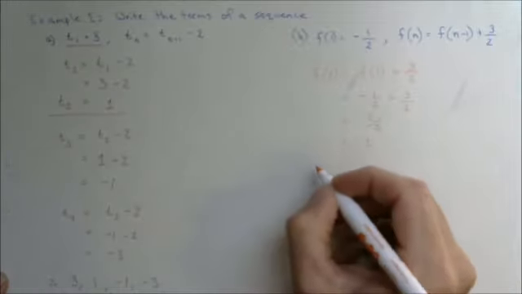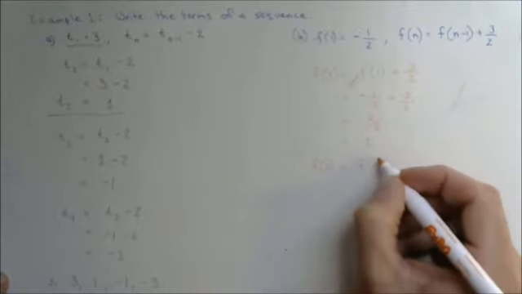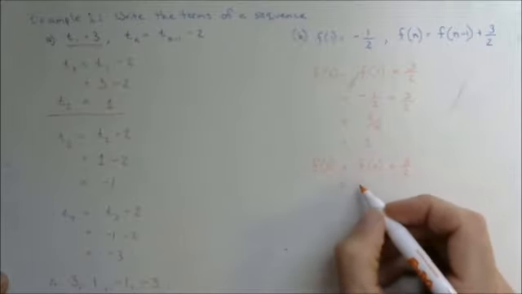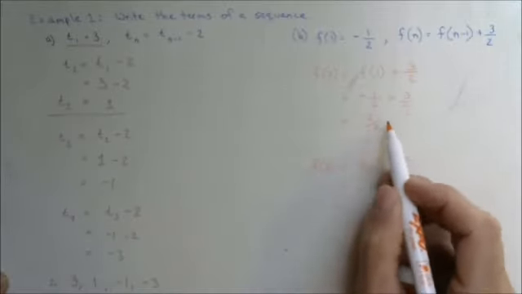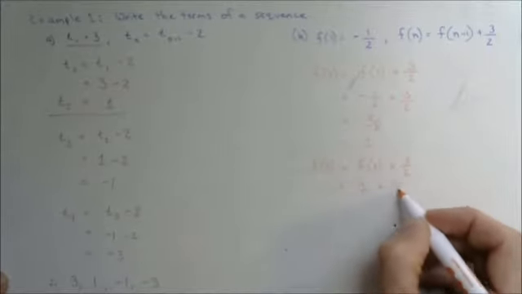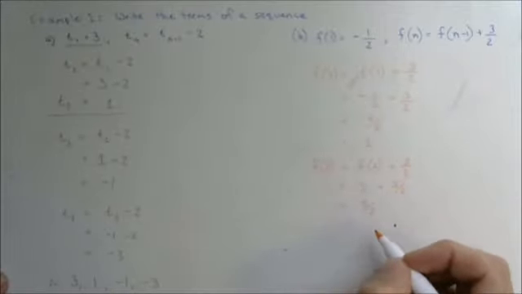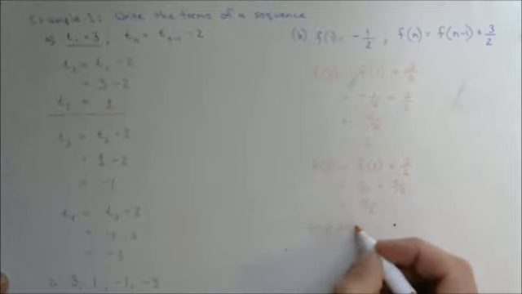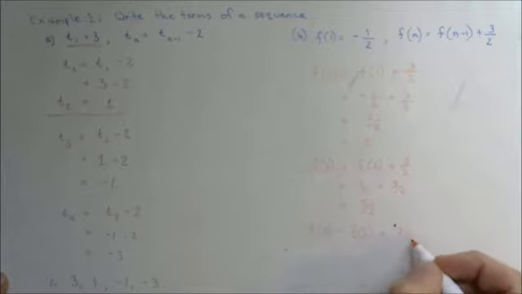The third term is going to be equal to the value of the second term plus 3/2 or 1.5. You can do this two ways. You can right away write the fraction. If you need help adding fractions, you need a common denominator. I'm not going to worry too much about that. We're going to work through this a little bit more quickly. So we have 1 plus 1.5. That's going to be 2.5 or 5/2. To get the fourth term, we take the value of the third term and add 3/2.